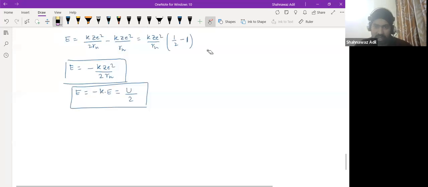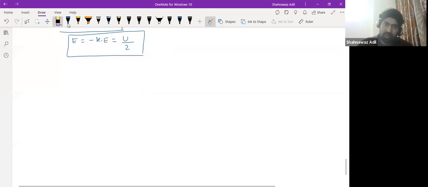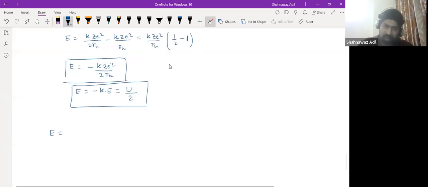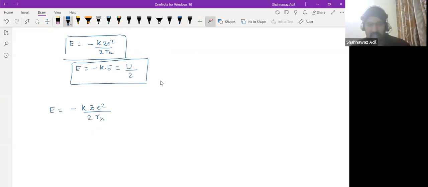Okay, so we have got all the energy. Now let us put in all the values. E is minus kZe square by 2Rn. Rn we have already calculated. How much is this Rn?